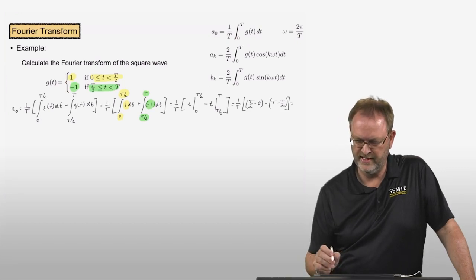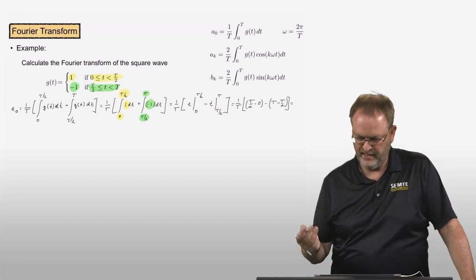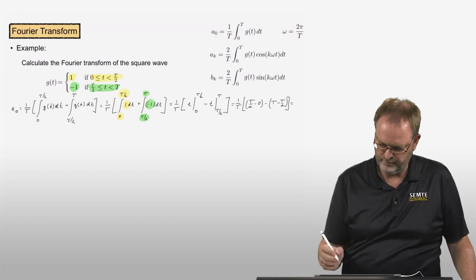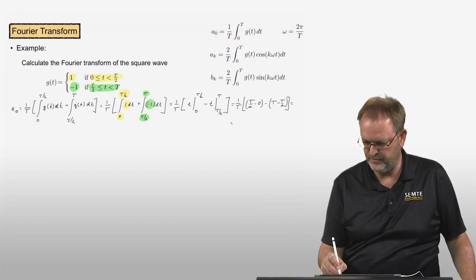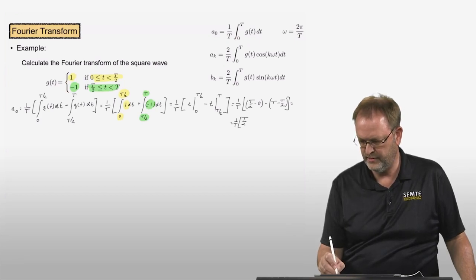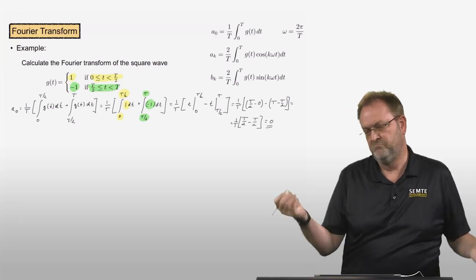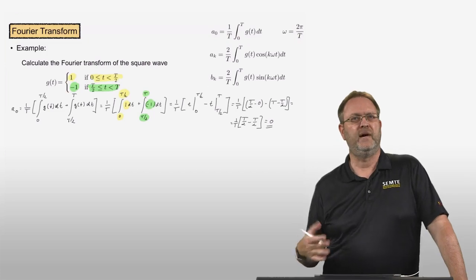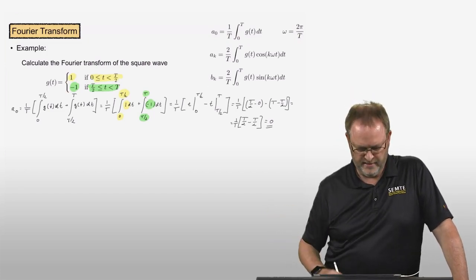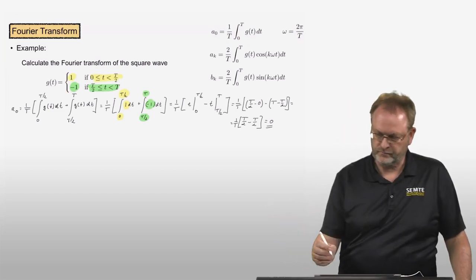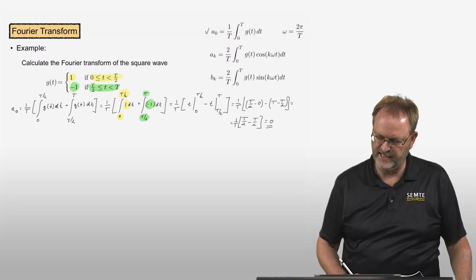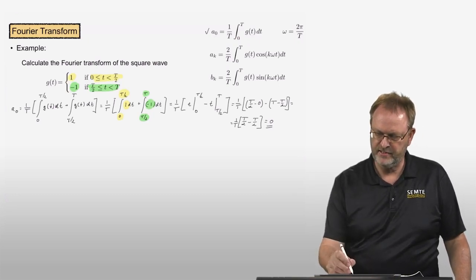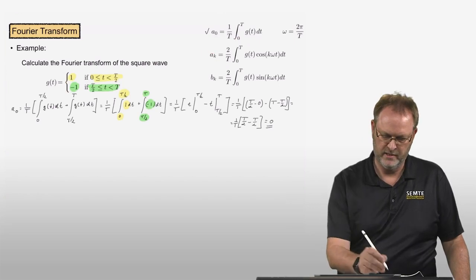Let's just do the operations: 1 over T times T over 2 minus T over 2, which is T over 2 as well. So that's equal to just 0. So my a naught in this example is simply equal to 0. Okay, so we got this part done.